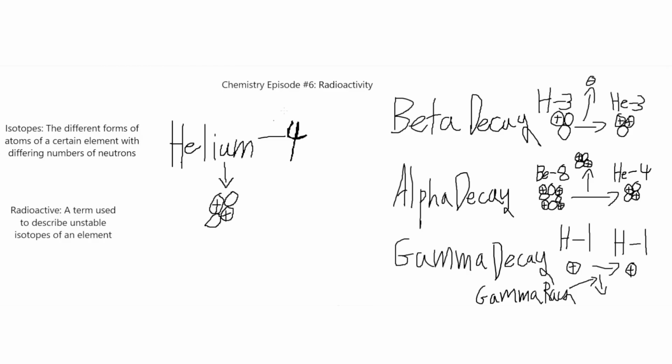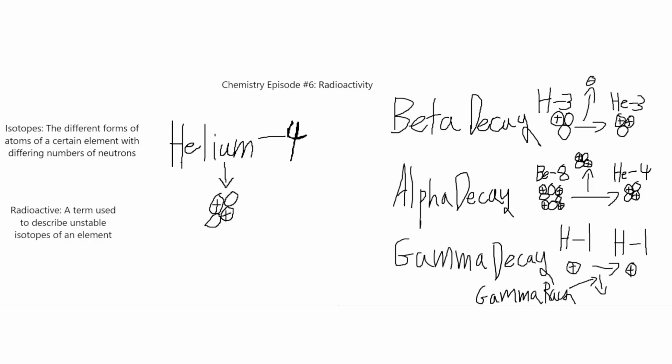Now, to notate an isotope, you have the element, and then you have the atomic mass of the isotope. So here we have helium 4. I represented the protons with a plus sign and the neutrons with no sign.